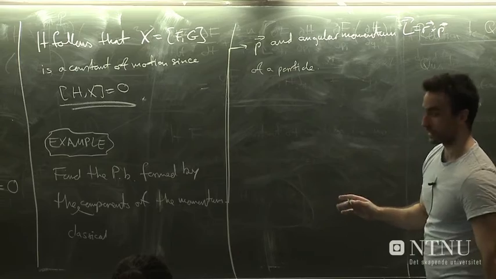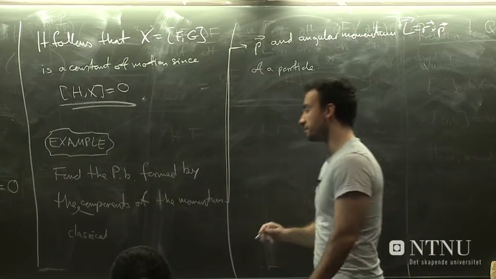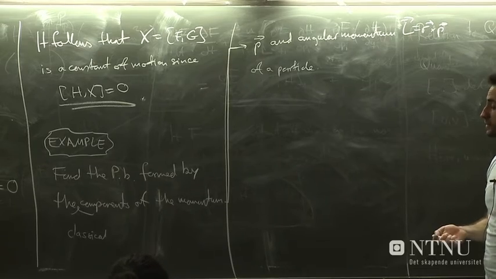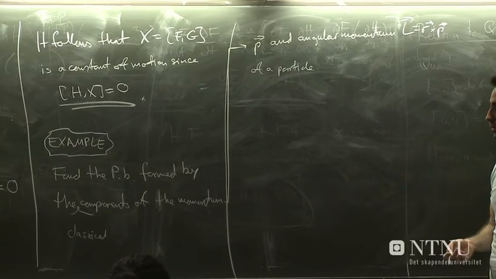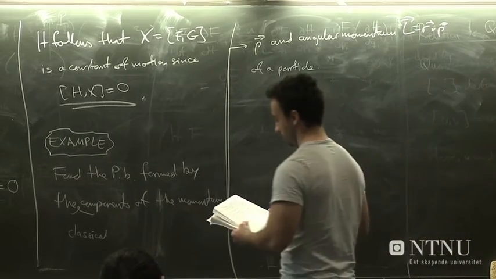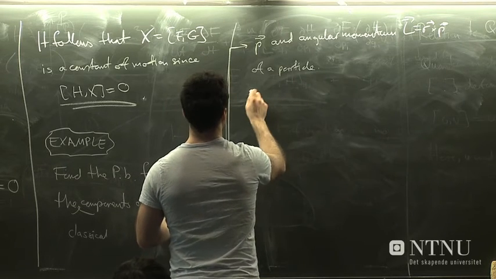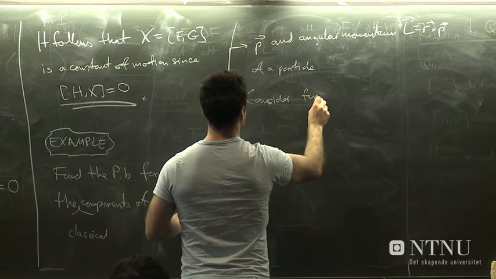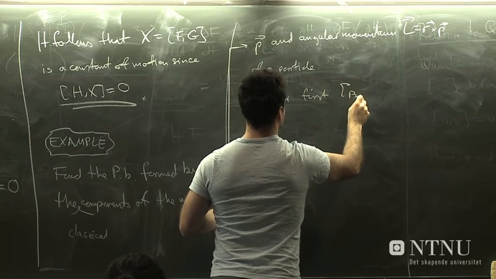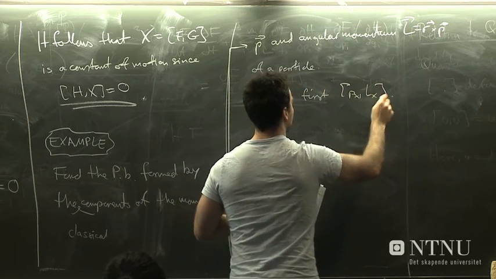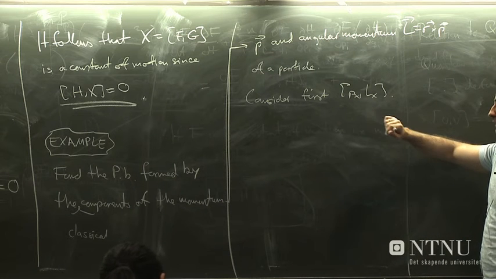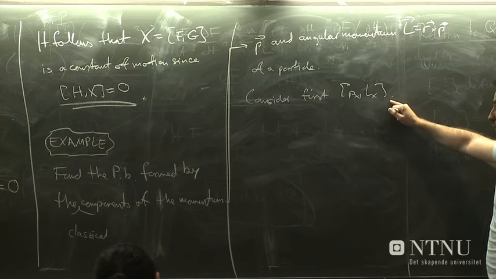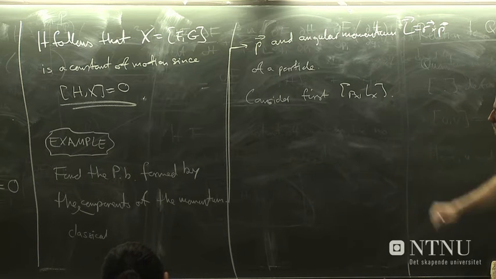So let's have a look at the Poisson bracket PB, just an abbreviation, formed by the classical components of the momentum and angular momentum of a particle. So consider first, for instance, just the first component, px, lx. And I'm here dropping the subscript just for brevity.